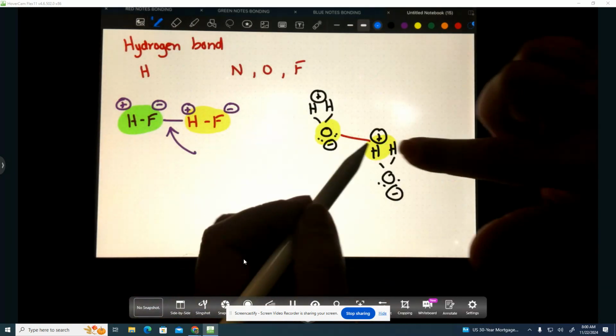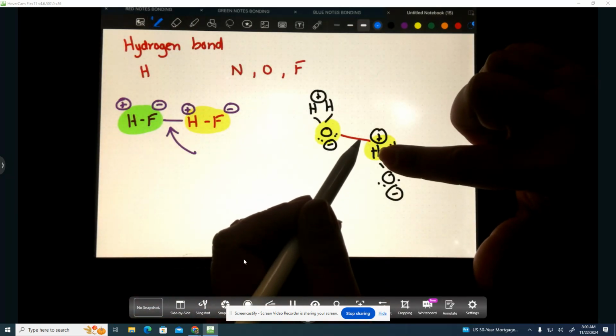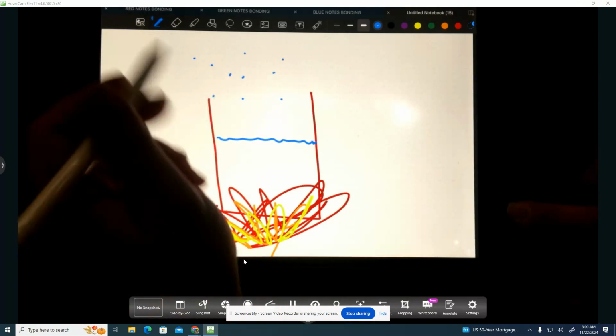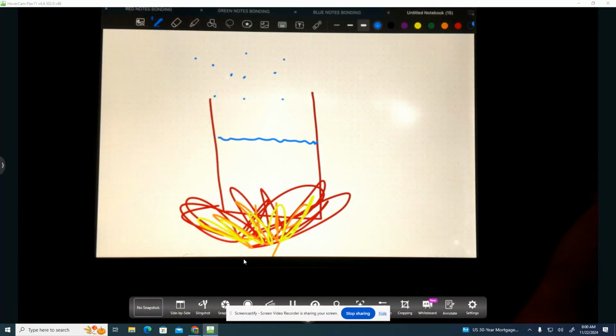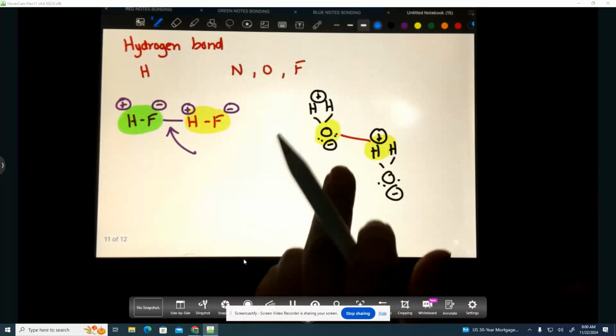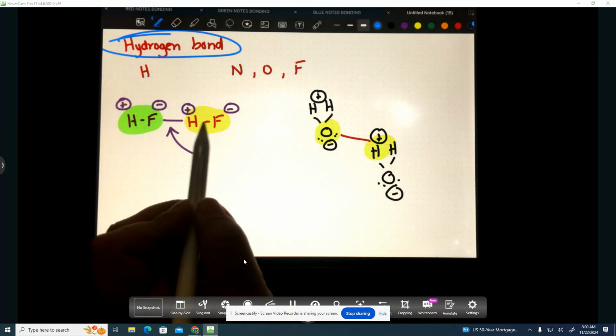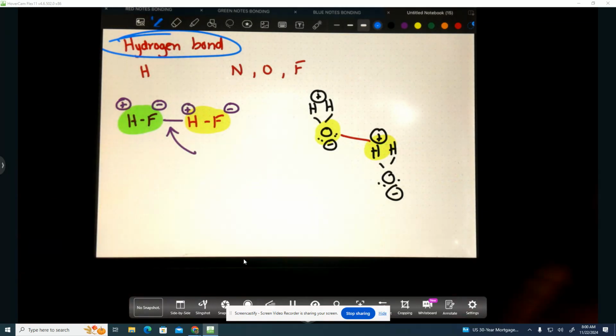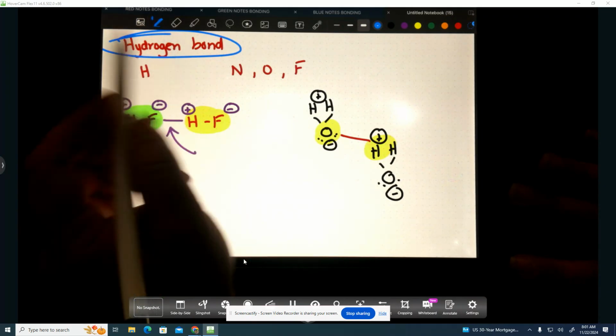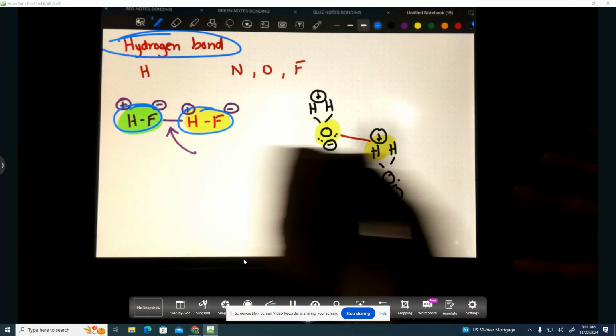Okay, so when we break this bond, the water molecules can escape off of the top. That bond is pretty strong. It's a hydrogen bond. It's not a bond. It's an intermolecular force of attraction. It's just called a bond. A bond would be inside the molecule. This is called a hydrogen bond. I know it's confusing, the words that they use, but this hydrogen bond is really an intermolecular force of attraction.